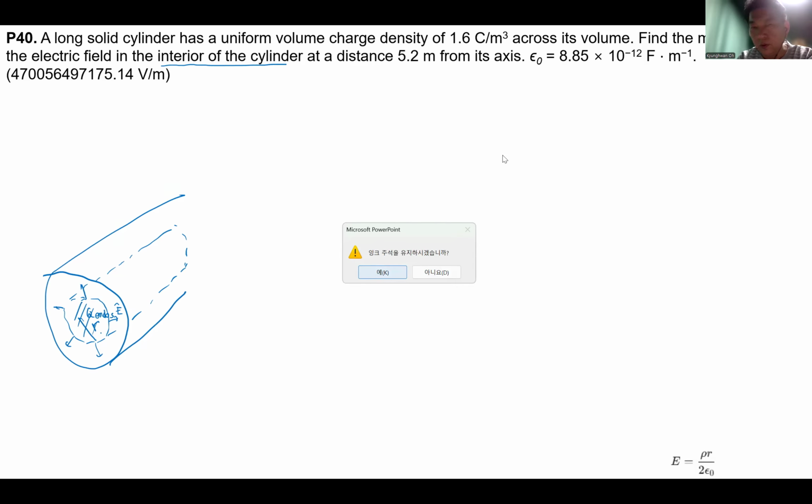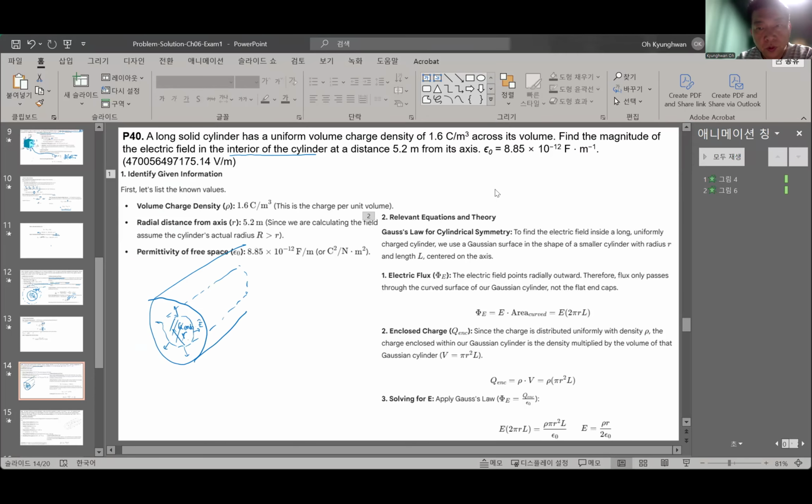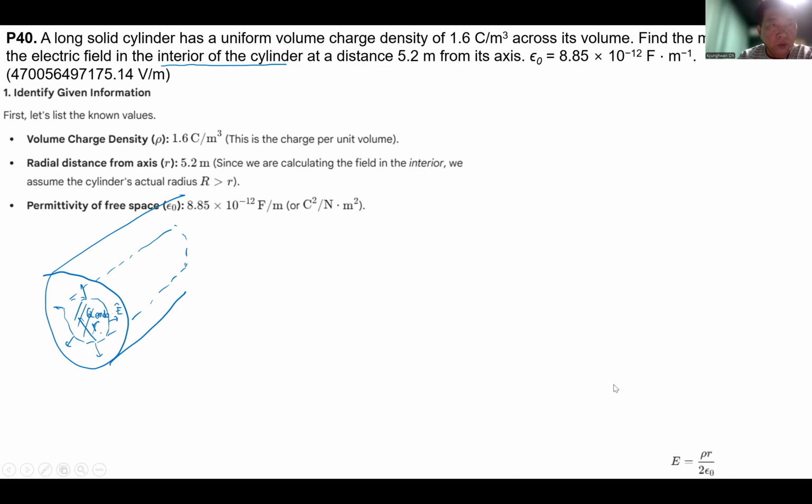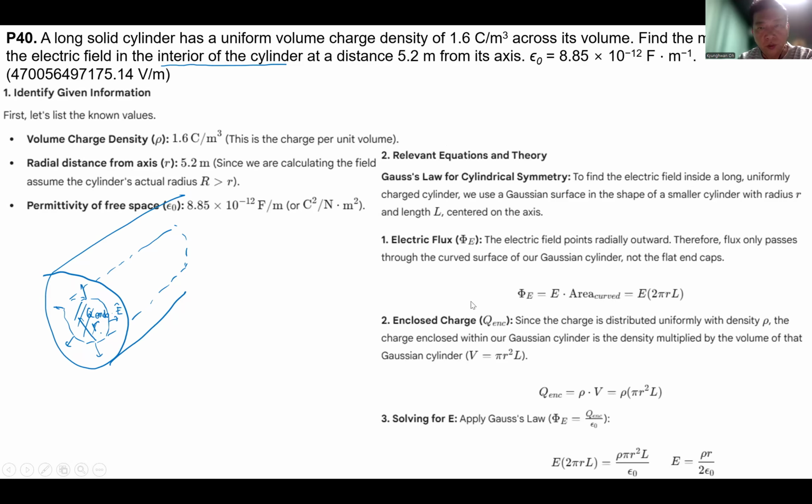Sorry, I think that I have done something wrong. Okay, so let's go back. The volume charge density is given by this one. The radial distance, small r, is given by this one. And note that the actual cylinder radius is greater than our position. In other words, we are looking at an inside problem. And then the electric flux is given by this one.